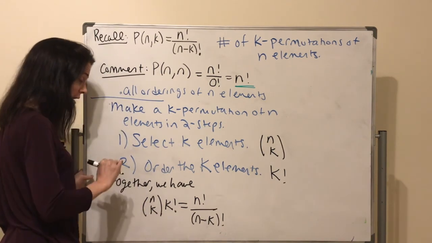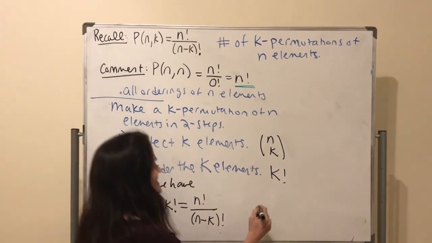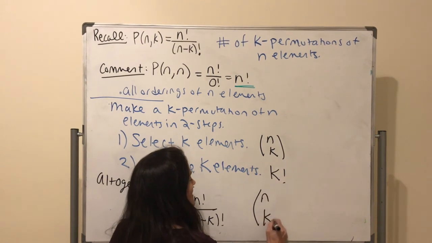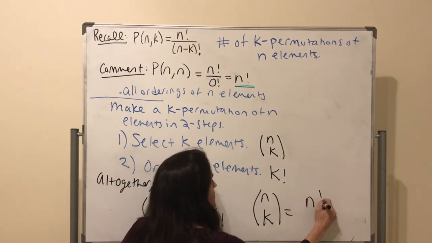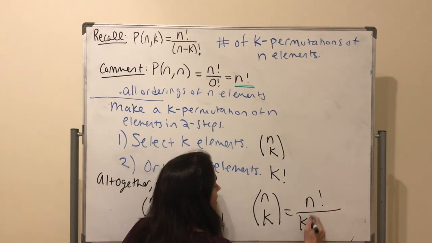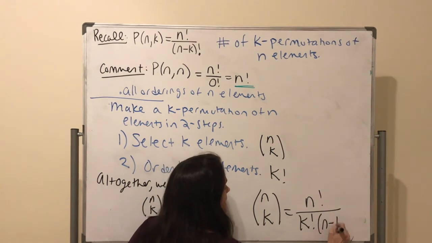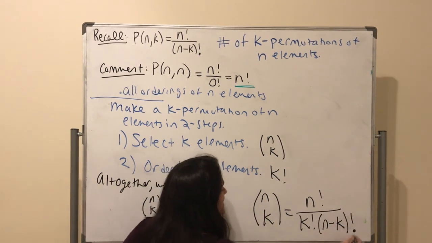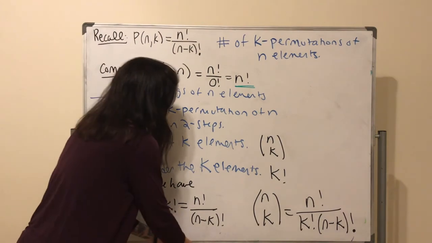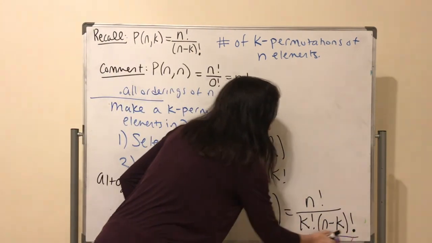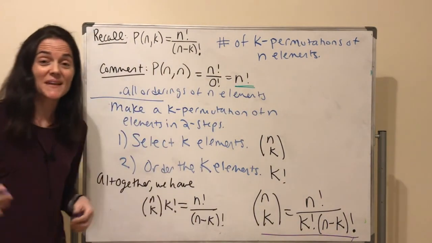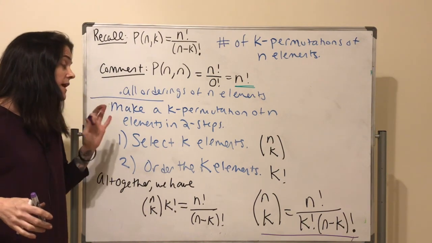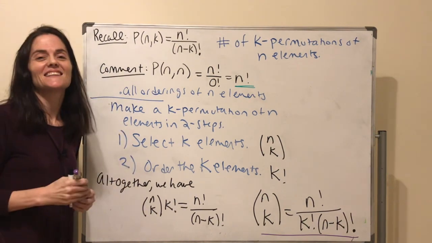So that means they're equal. We get n choose k is n factorial over k factorial times n minus k factorial. This is exactly the number of k element subsets of an n element set, n choose k.